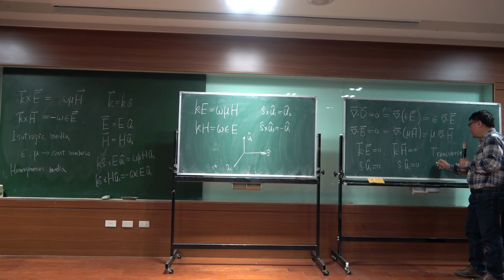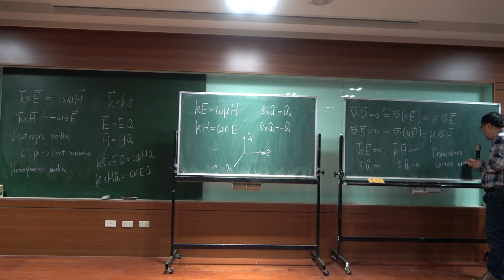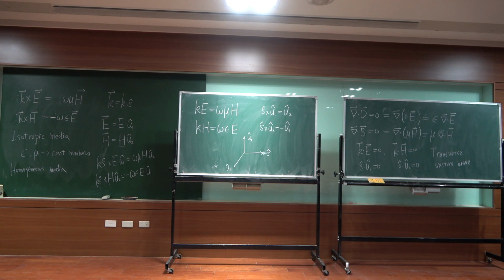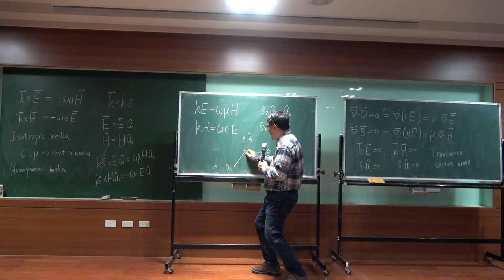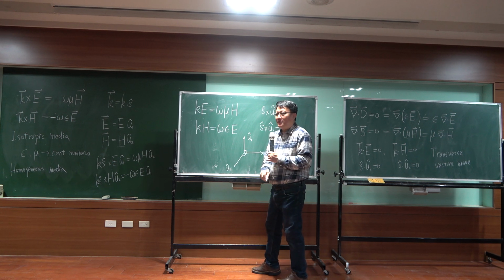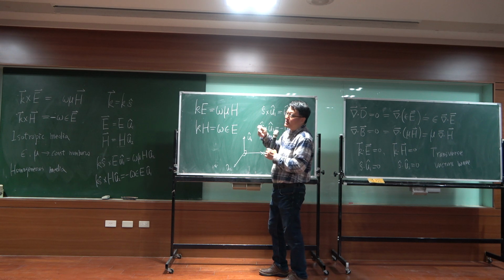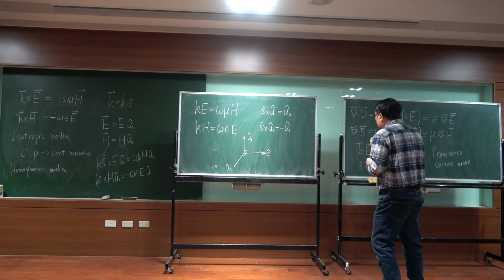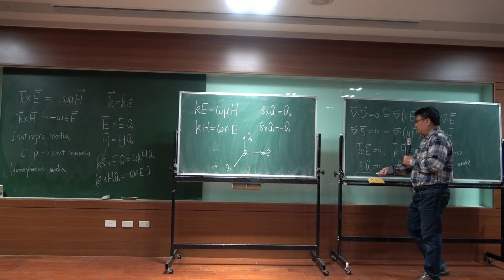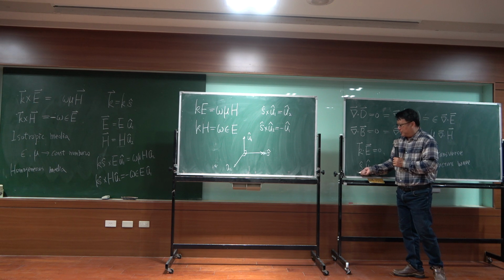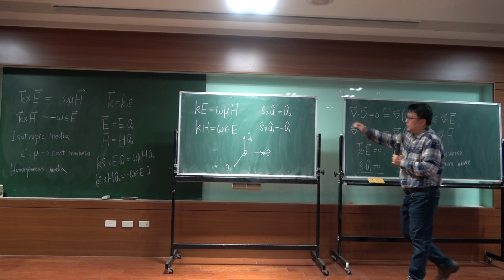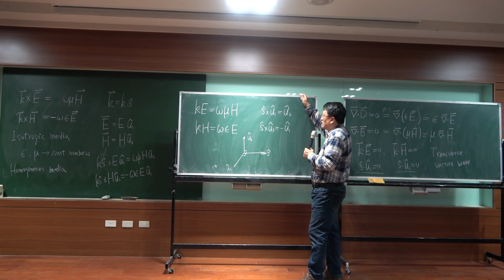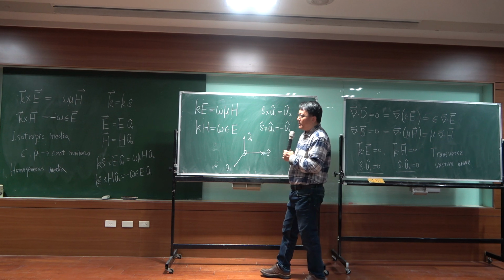A transverse vector wave. So these two equations tell you that U1 is perpendicular to S, and U2 is perpendicular to S. And these two equations further tell you that U1 is perpendicular to U2.